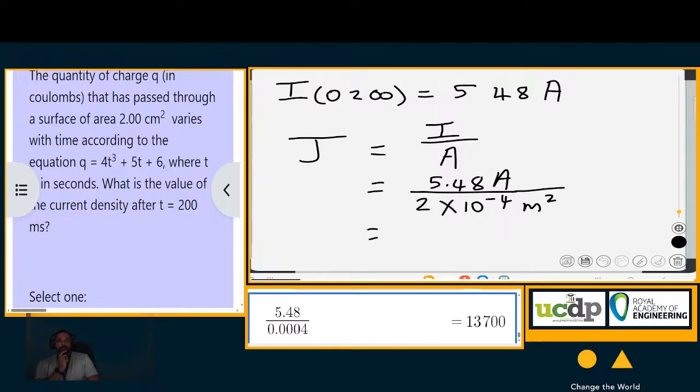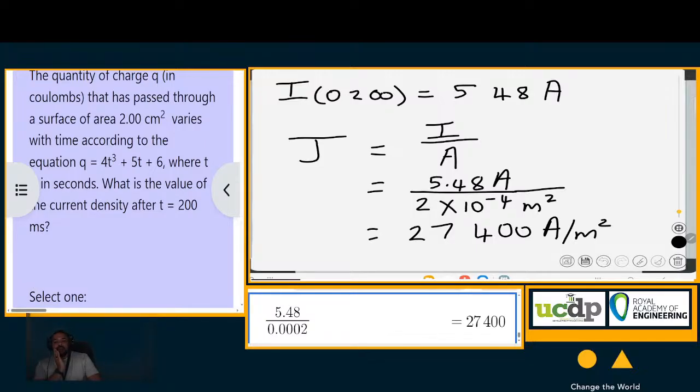Oh, it should not be 004, it should be 003. Sorry, that's the problem. That's it. I'm wondering why I'm getting this weird number. Okay, so it is then 27,400 amperes per square meter. That's the current density that we should actually get.